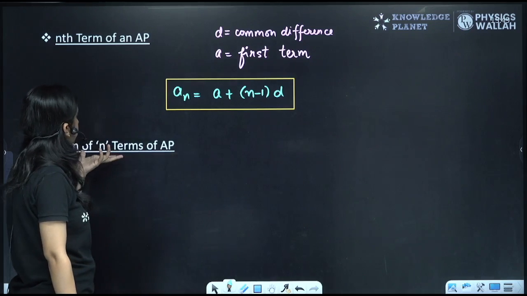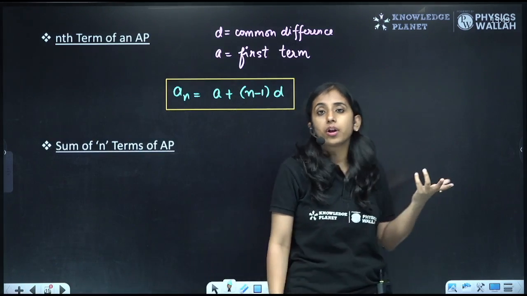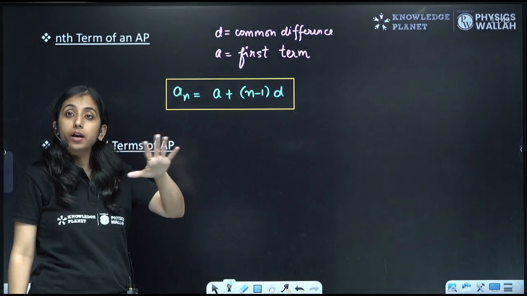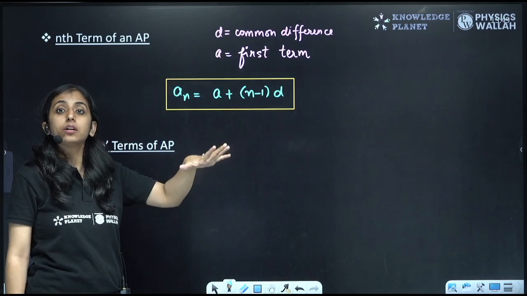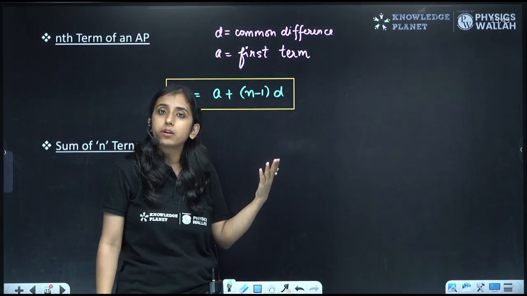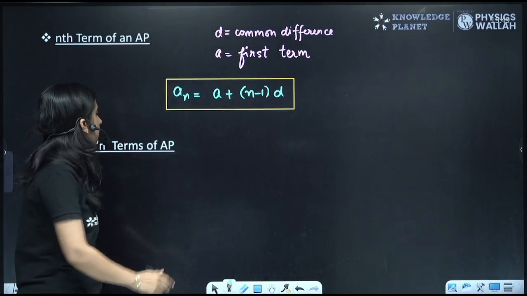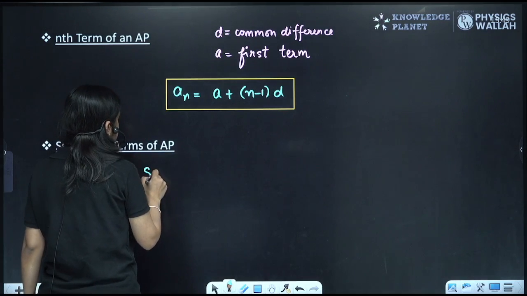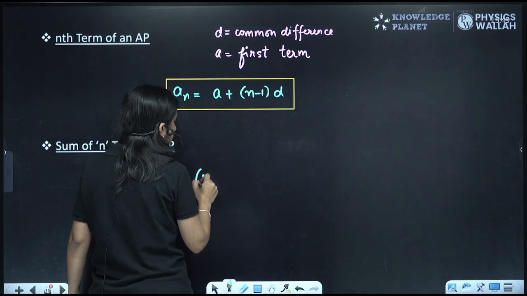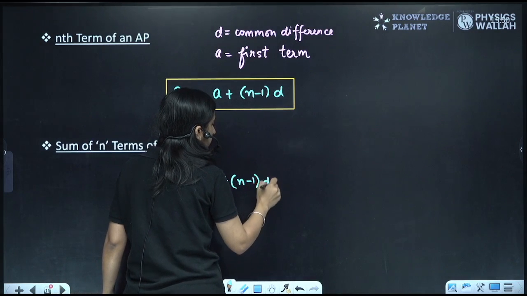And if I have to find the sum of n terms of an arithmetic progression, say some AP is given, 2, 4, 6, 8, 10, 12, and I ask you to find the sum of the first 10 terms, then the sum of n terms of an AP is n by 2 into 2a plus n minus 1 into d.